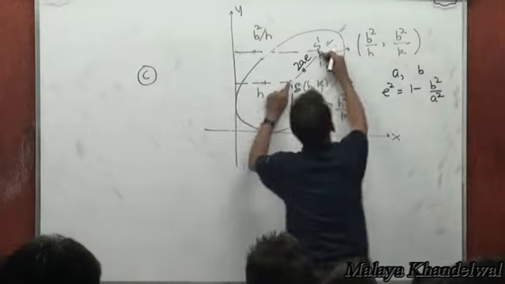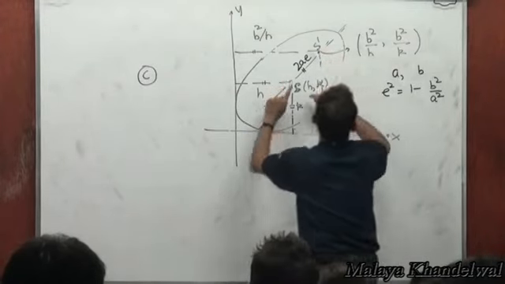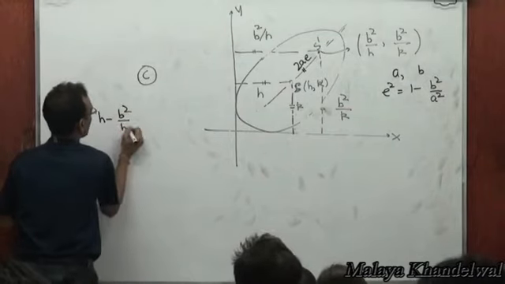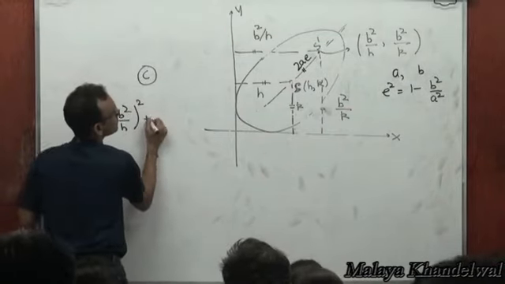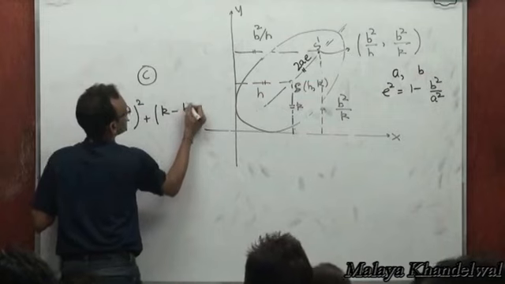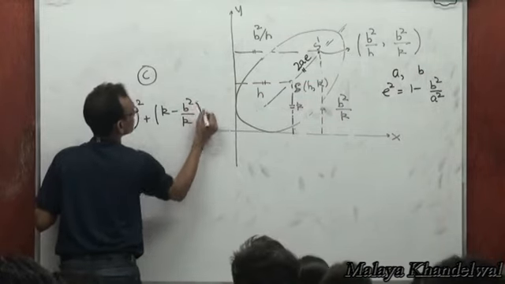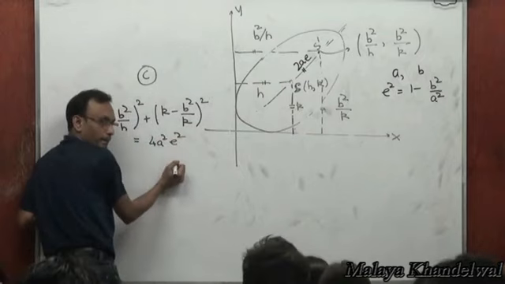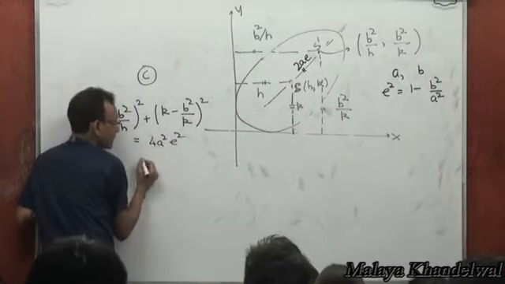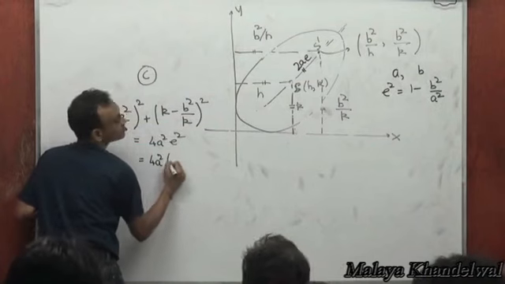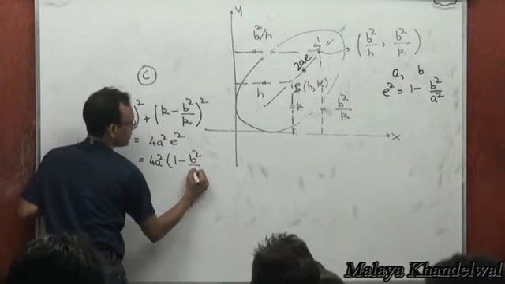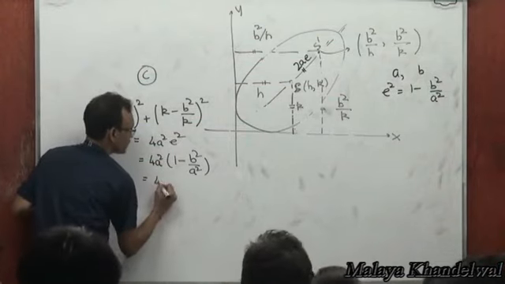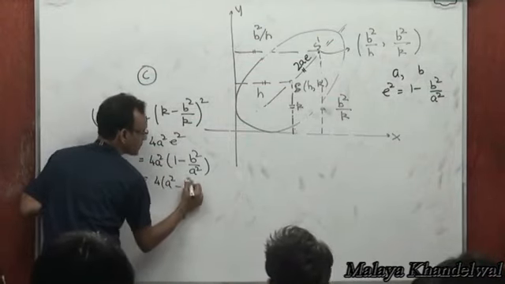Now the square of the distance between the two foci, by the distance formula, would be (h minus b squared by h) whole square plus (k minus b squared by k) whole square equals 4a squared e squared, which is like 4a squared into (1 minus b squared by a squared), which is like 4 times (a squared minus b squared).